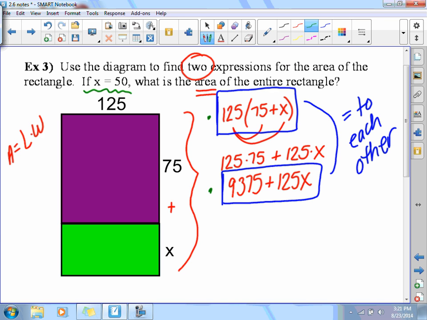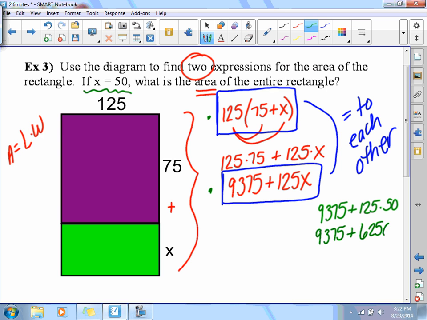So if I substitute it into this second expression, I'll just pick the second one, we would do 9375 plus 125 times 50. Now 125 times 50, we want to simplify that as well. So we have the 9375 plus 6250.